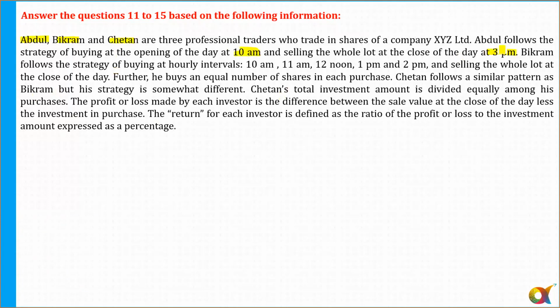Abdul buys the entire lot at 10 and sells it at 3 p.m. Vikram follows the strategy of buying at intervals, 10 a.m., 11 a.m., 12, 1 p.m., and sells the whole lot at 2 of the day. Further, he buys an equal number of shares in each portion.